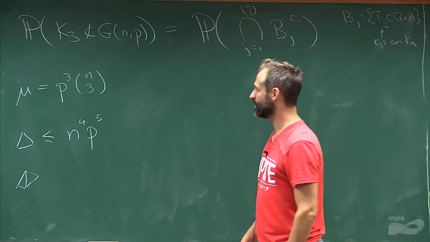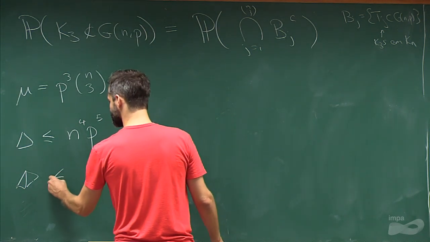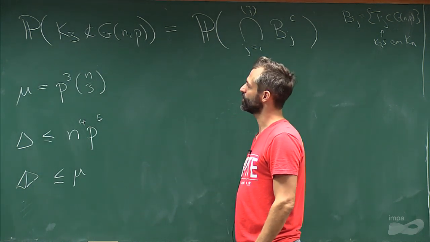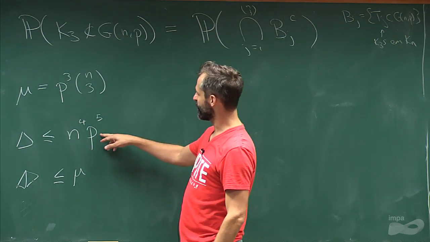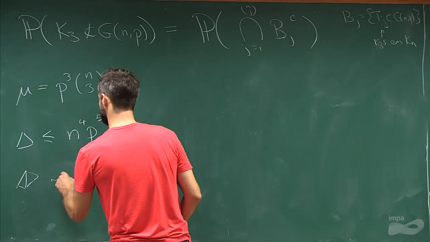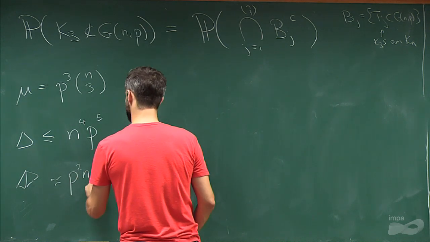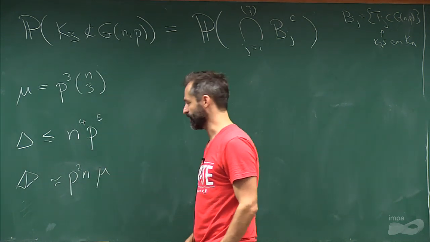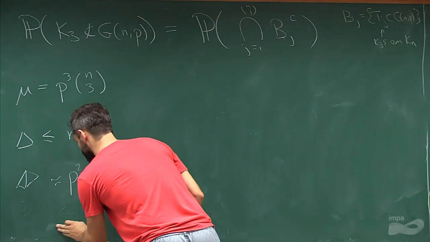But this is at most mu, because it's about p squared. So it's roughly p squared times n times mu, and p is like 1 over n. So it's much, much smaller than mu.